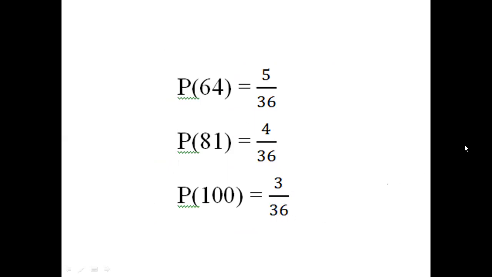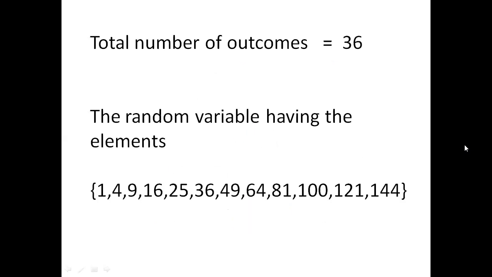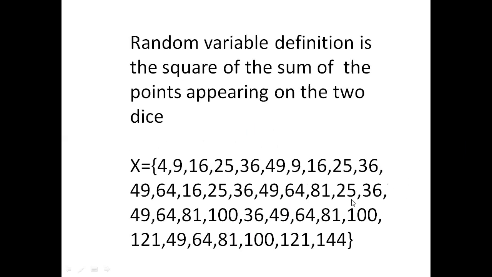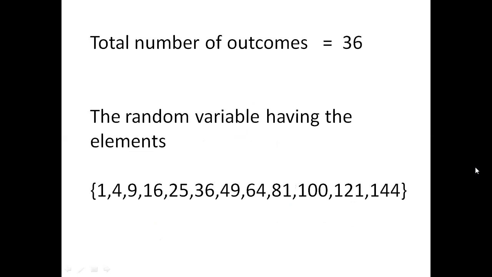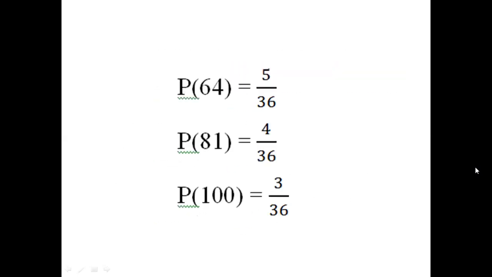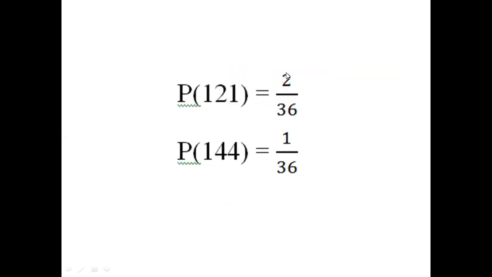Okay. The next event is 121. So 121, how many times will it be repeated? 1, 2. So the probability of 121 is equal to the number of favorable outcomes, 2, divided by the total number of outcomes, 36.